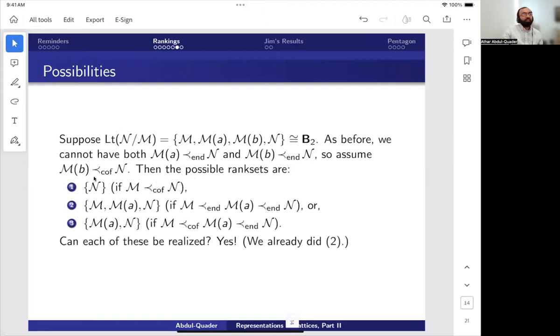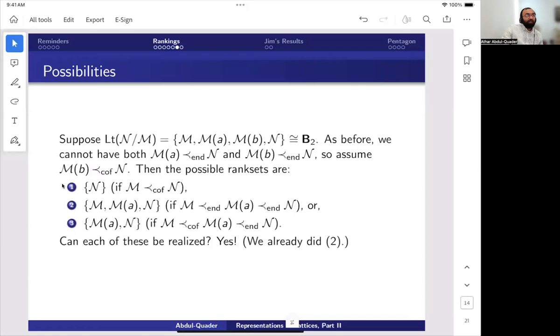In that case, again, the possible rank sets are just the top model, and that would be if you're realizing a cofinal extension. What we just did, which was M of A and N, and that would be if M of A is an end extension of M, and N is an end extension of M of A. And this last one, which we realized.